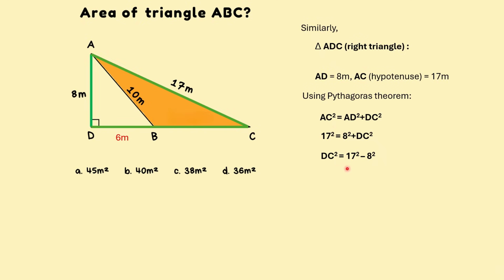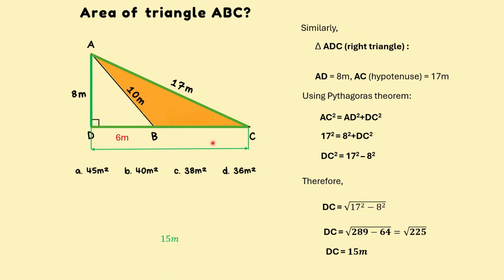And DC, plugging in the values, we can work out as square root of 289 minus 64. It's square root of 225. DC is equal to 15 meters. Now that we've found out DC is equal to 15 meters, let's plug that in the diagram.